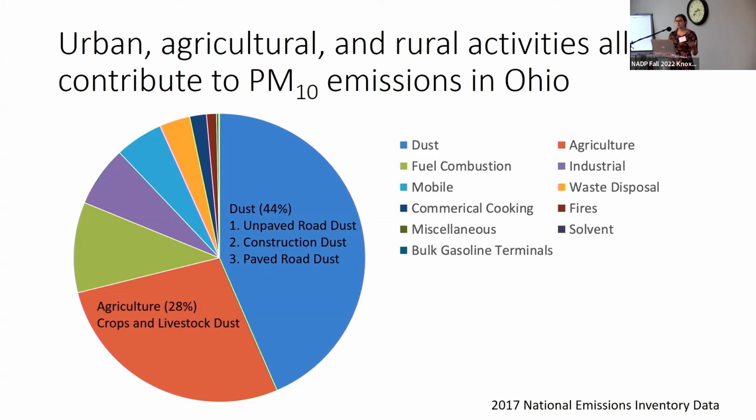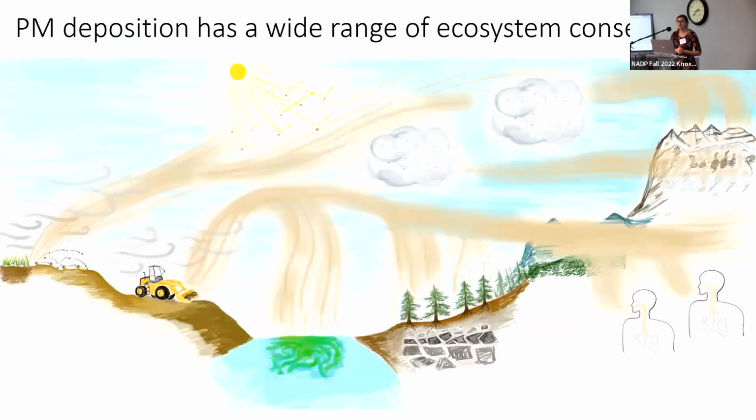And we know that different sources of PM10 are going to have very different chemical compositions, and then once they get up into the atmosphere and travel, it becomes a large mixture that can be hard to disentangle once it is actually deposited. We know that PM deposition has a wide range of ecosystem consequences, from water quality and soil health to changing the albedo of snow and snowmelt rates.